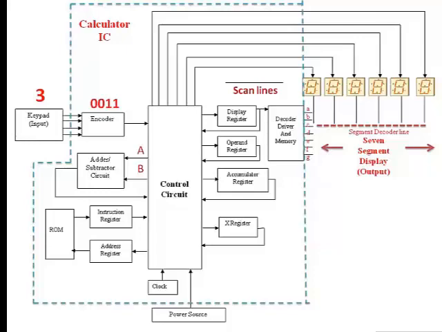The binary number 0011 is now transferred to the display register by the control circuitry, and also it is passed to the 7 segment decoder driver circuit by the control circuitry, so that it displays decimal number 3 on the display unit by activating A, B, C, D and G lines in the scan line of the circuit.